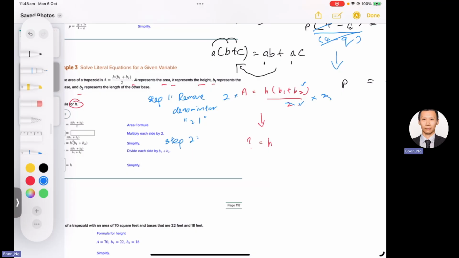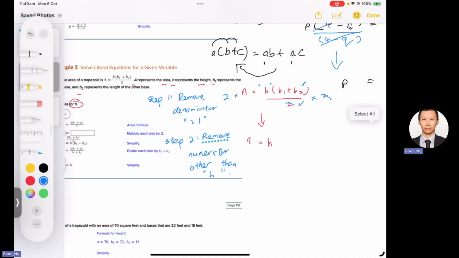Step 2 basically would be to remove the numerator other than H. If that's H, you can keep it. Everything else, you try to get rid of. So we have B1 plus B2.